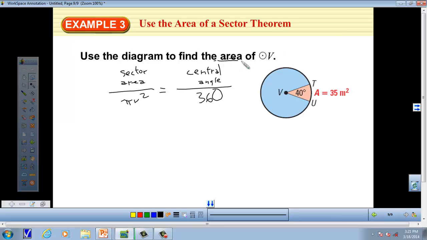Since we want to find the area of the circle, that's going to be this right here. So actually, instead of pi r squared, we're going to put an a there. So a is what we're solving for.